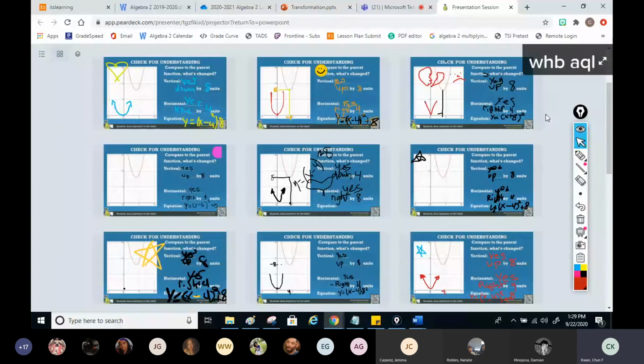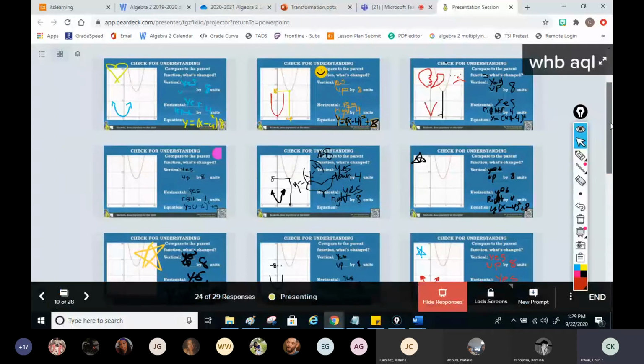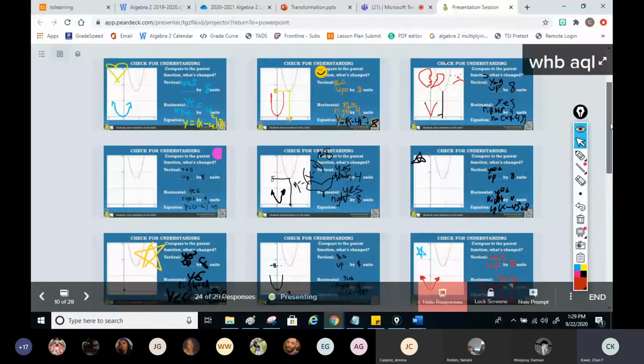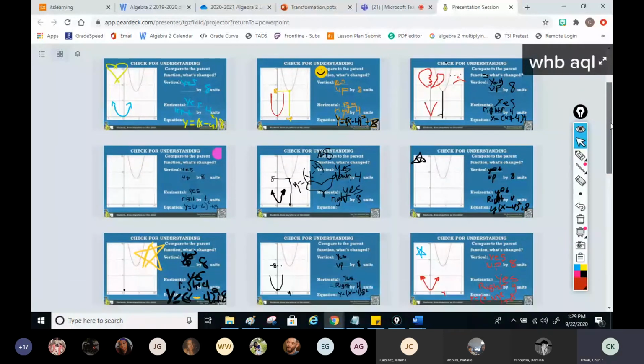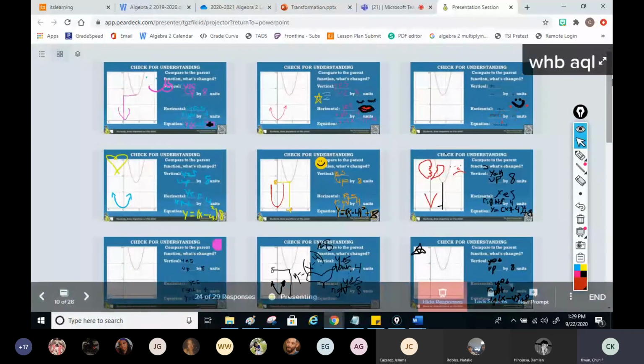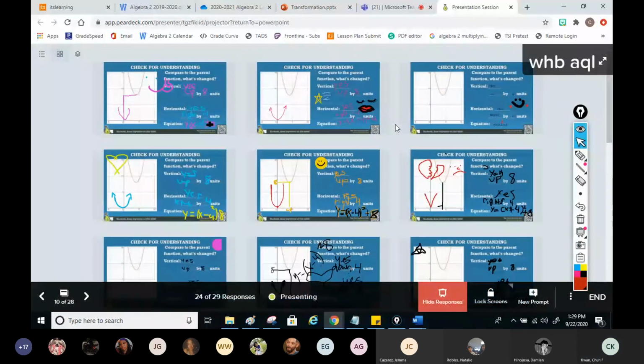And then in between the X and the square inside the parenthesis, that's the left and right, okay? And then shifting it to the right, do you use a plus or do you use a minus? Quite a lot of you guys are stuck on that.